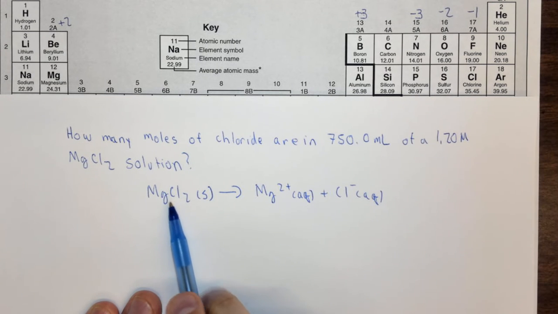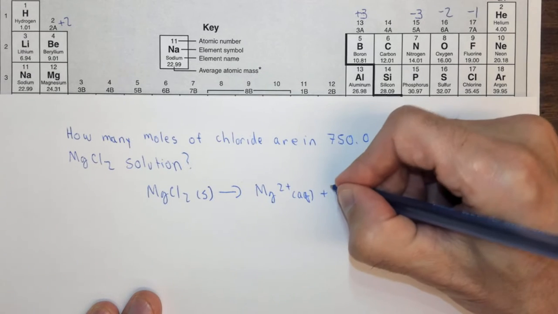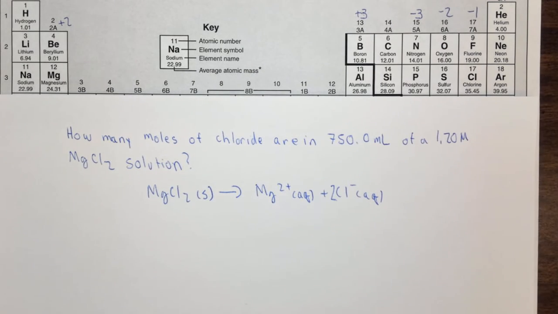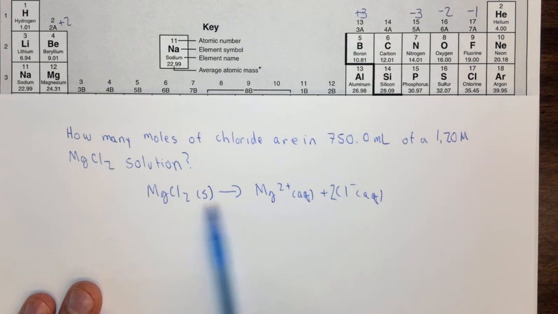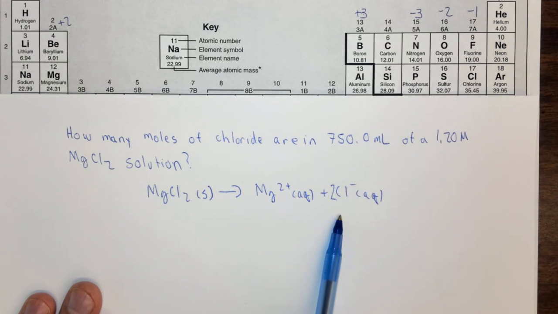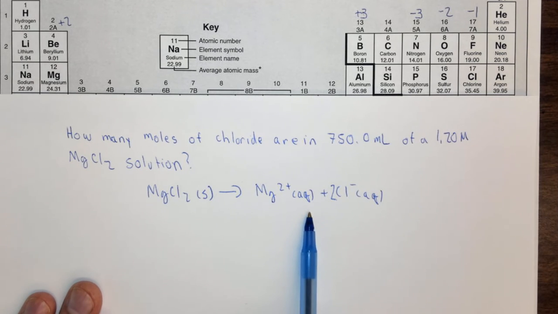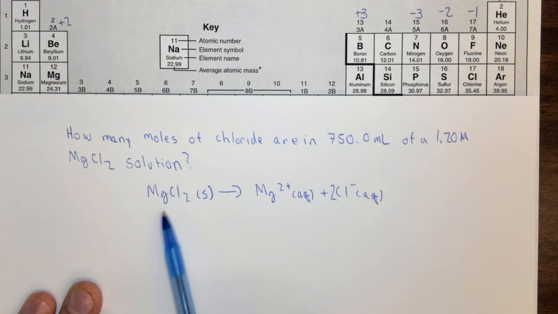And since this is MgCl2, you're actually going to get 2 Cl minuses. So when ionic compounds dissolve in water, they break up into their stable ions. In a minute, I'll go through a couple more examples of this after I complete this problem. This is important because for every one of these, we have two of these.